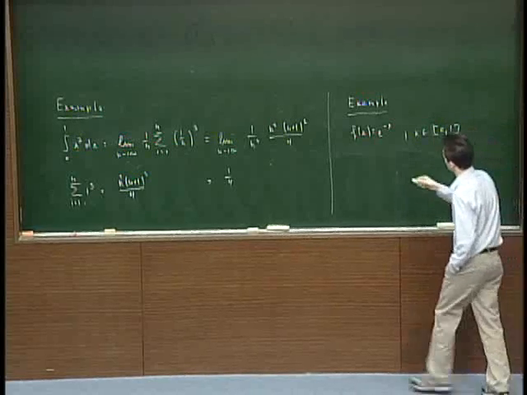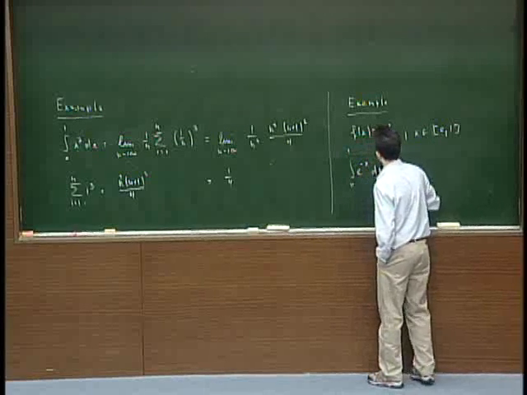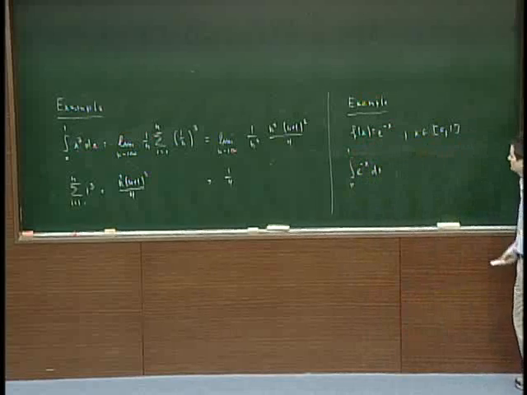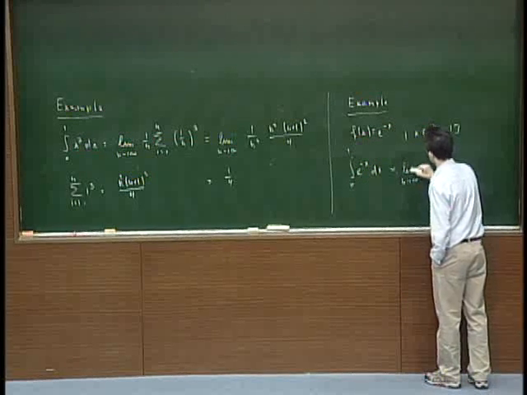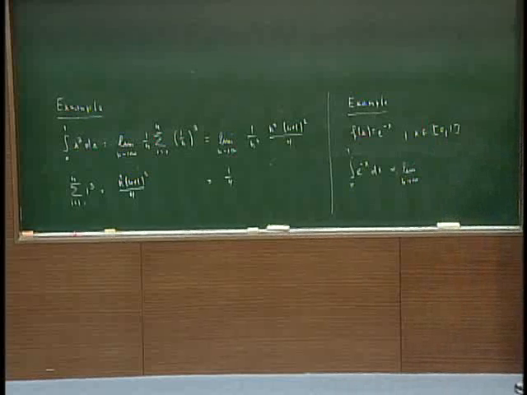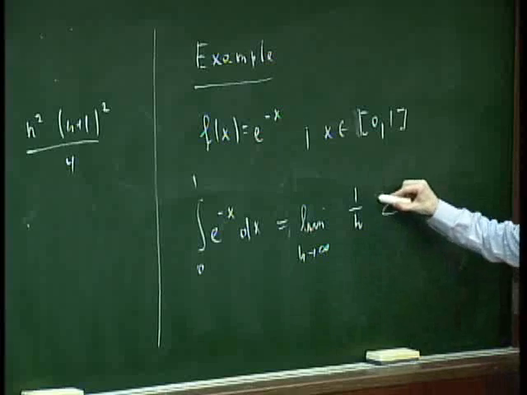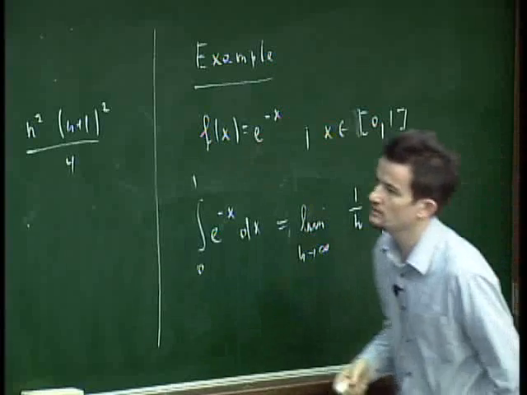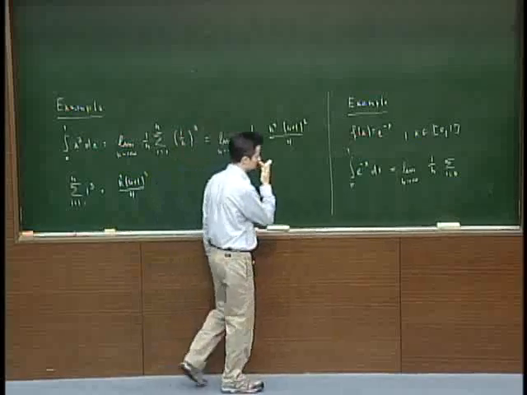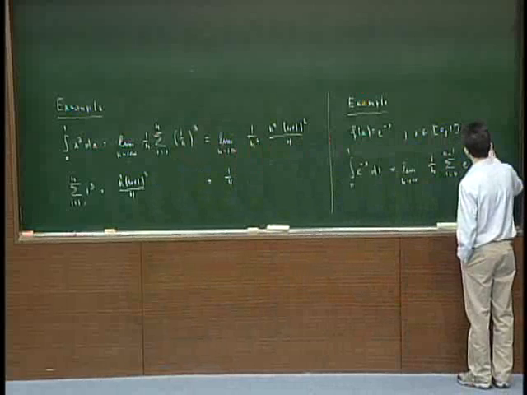So in this case, you have the integral from 0 to 1 of e to the minus x dx. Using the definition, this will be the limit as n tends to infinity. Every subinterval has length 1 over n, and then you have the sum over i, where we can choose left endpoints, of e to the.